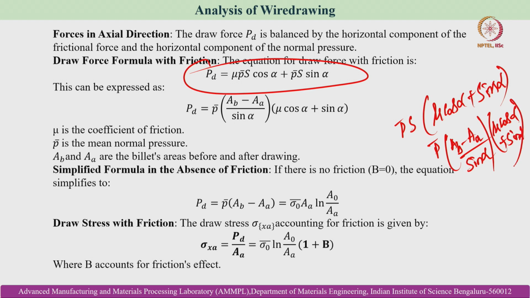This is the expression for the die pressure PD, where mu is the coefficient of friction, p bar is the mean normal pressure, and AB and AA are the billet areas before and after drawing.